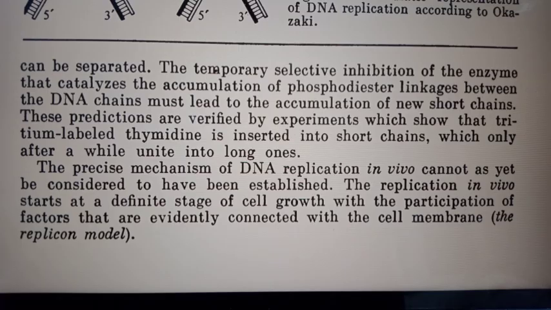These predictions are verified by experiments which show that tritium-labeled thymidine is inserted into short chains, which only afterwards join into long ones. The precise mechanism of DNA replication in vivo cannot as yet be considered to have been established.